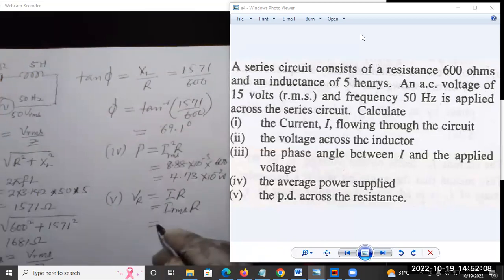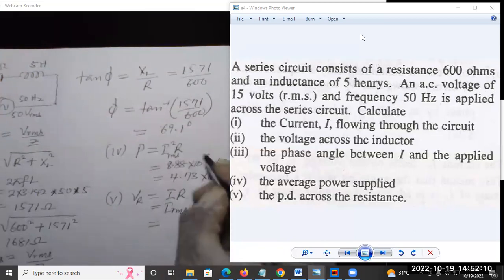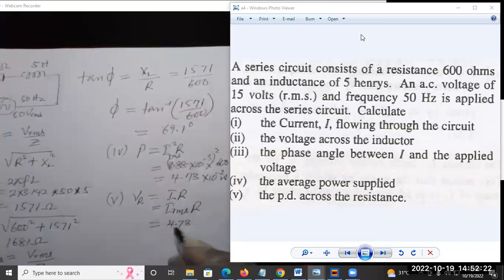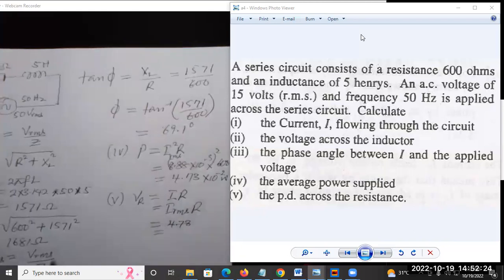The root mean square current from the calculation we have here is 8.88 times 10 raised to the power minus 3, and the resistance is 600.